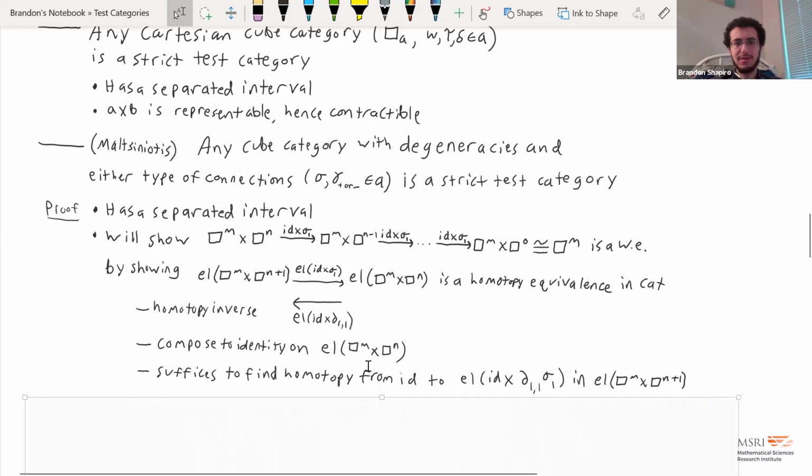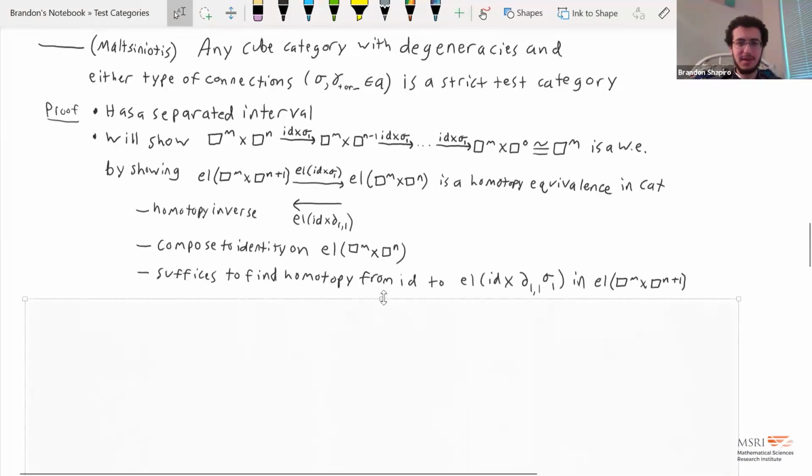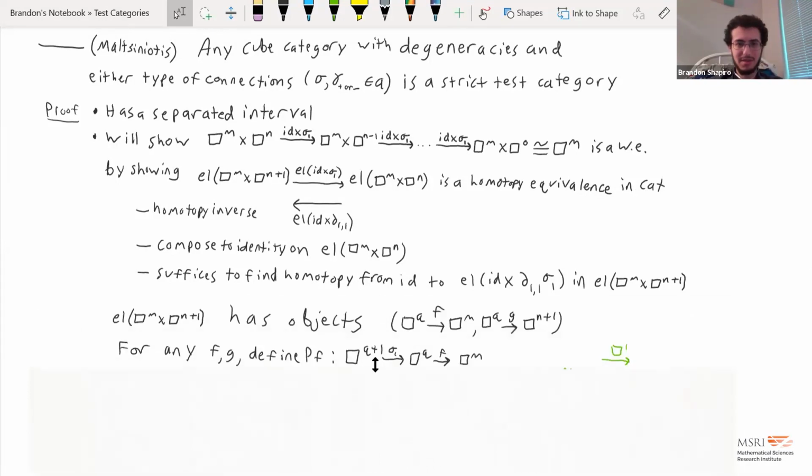So we're going to try to find a homotopy from that composition to the identity. And if this mess of maps and indices is confusing, I believe there's a more geometric picture coming up.